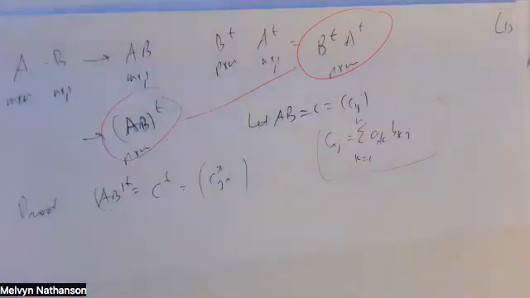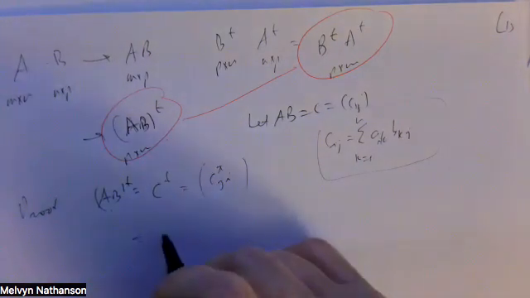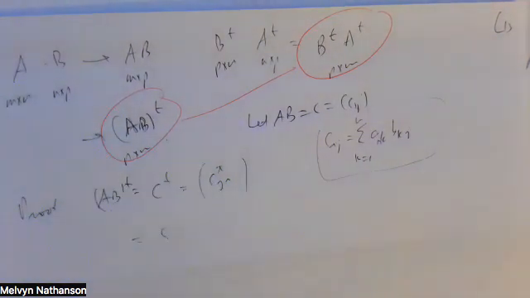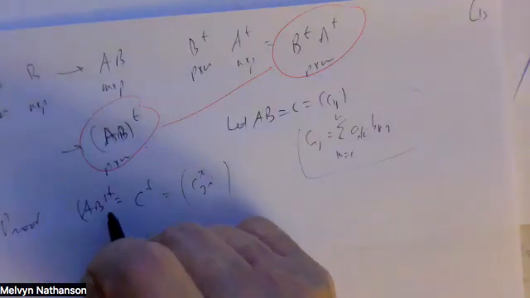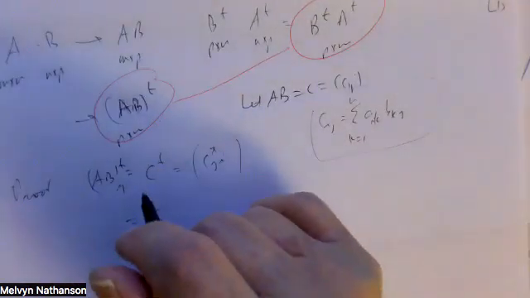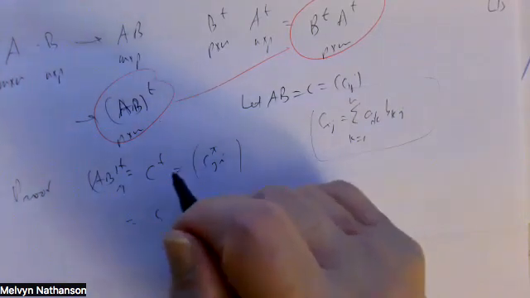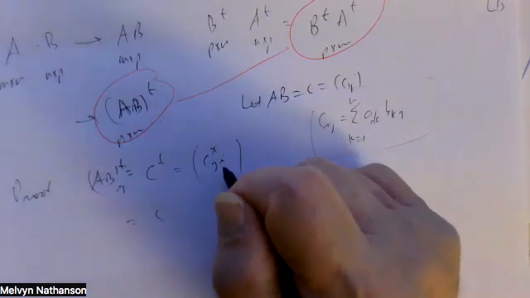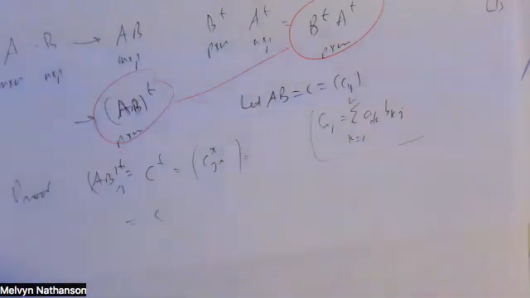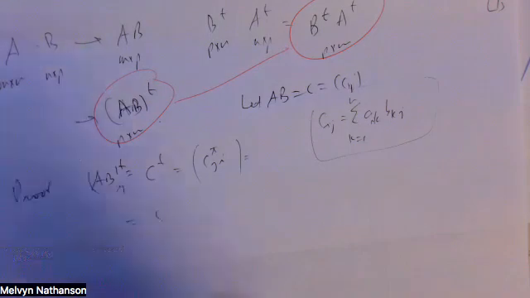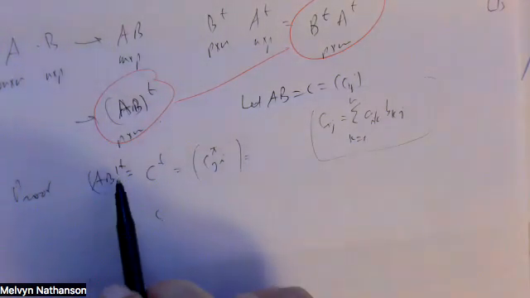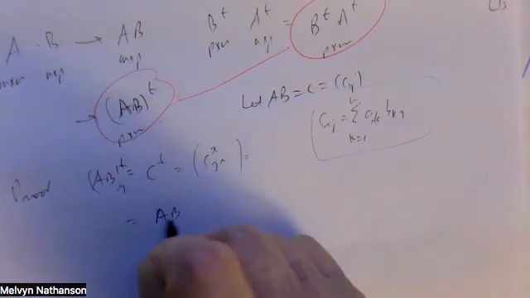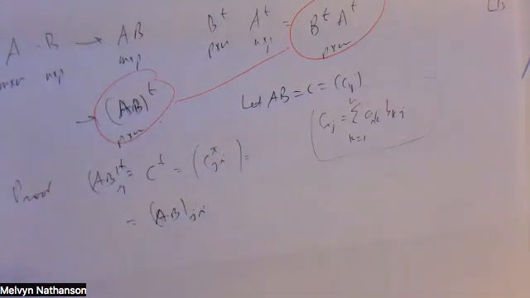When you take the transpose, the ijth component of the transpose is the jith component of the original product.